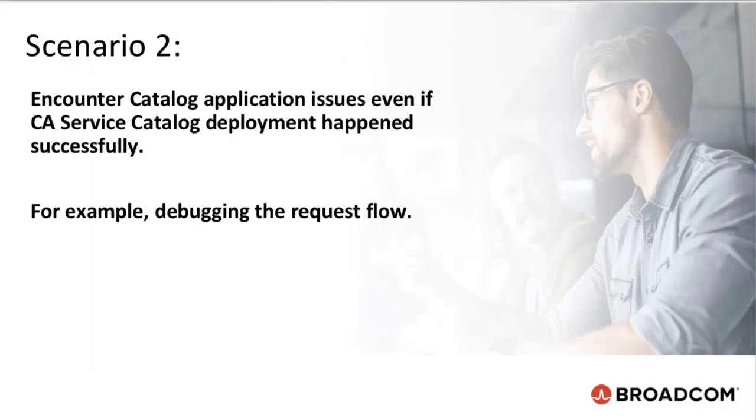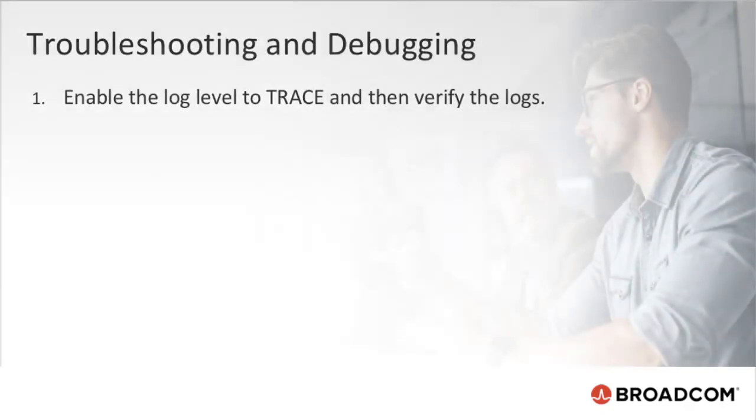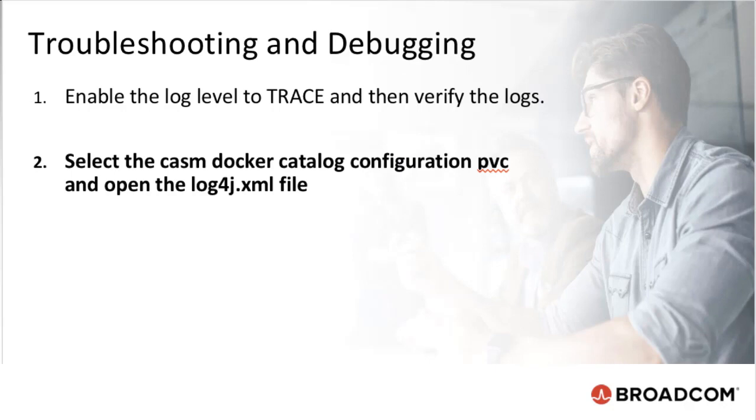Next debugging scenario is where you encounter catalog application issues even if CA service catalog deployment happens successfully. For example, debugging the request flow. Usually, to resolve such issues, I will enable the log level to trace and then verify the logs. Select the Chasm Docker Catalog Configuration PVC and open the log4j.xml file.